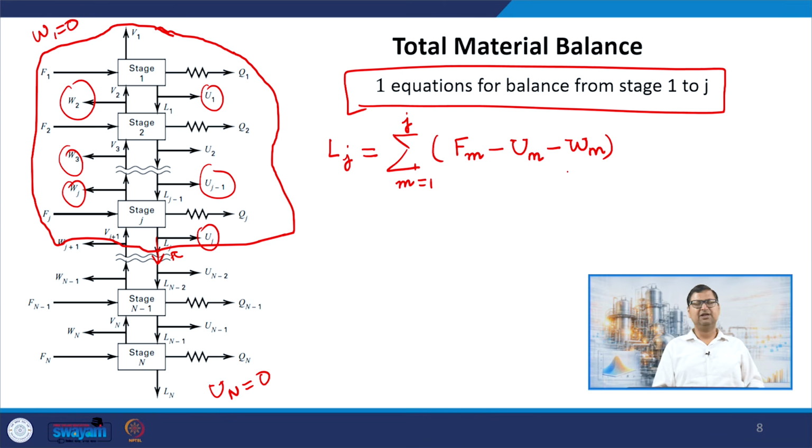So, this is also a summation over U's I am subtracting and summation over W's I am subtracting. In addition to that, we have a vapor feed coming in, that is plus Vj plus 1 from stage j, and a vapor going out, that is V1, right.